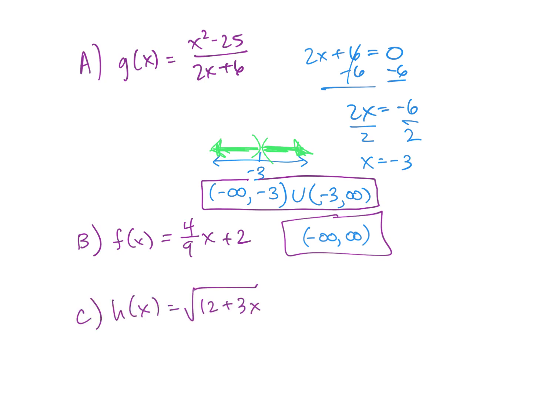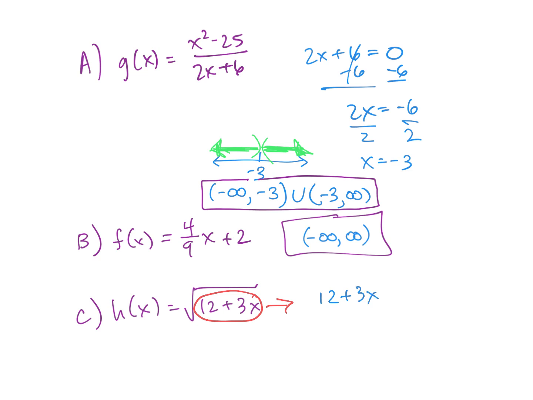So h of x equaling the square root of 12 plus 3x. There's no division, but there is a square root. So once again, I take what's underneath the square root, in this case, the 12 plus 3x. And I set it, well, let's pick on blue, 12 plus 3x.